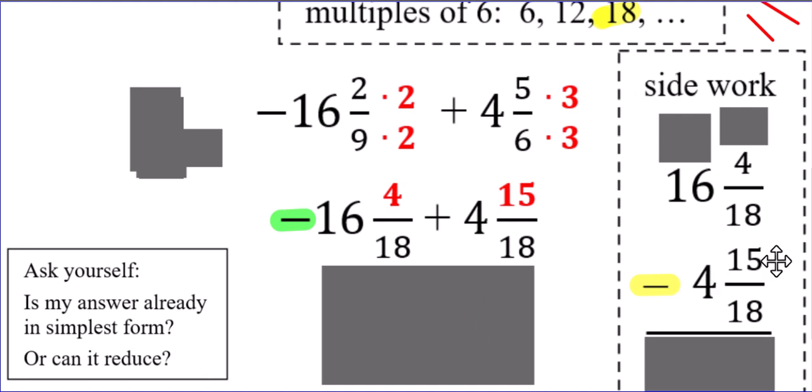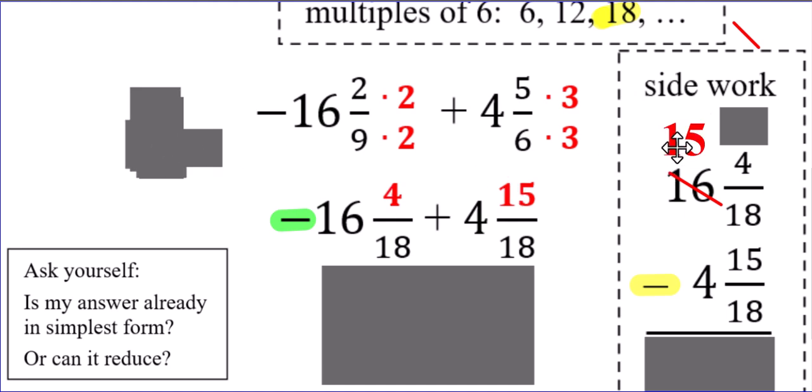Do I need to borrow? Stop and think. Is this the kind of subtraction problem where I need to borrow? Well, since the 4 is smaller than 15, yes, I'm going to have to borrow. So let's go ahead and do this together. The 16, I'm going to borrow 1 from it, which now makes it 15.